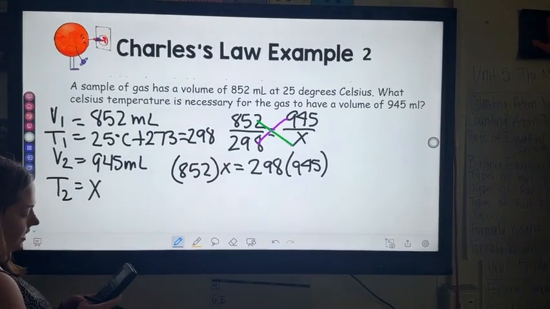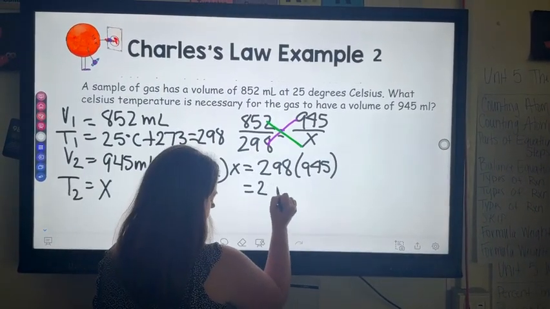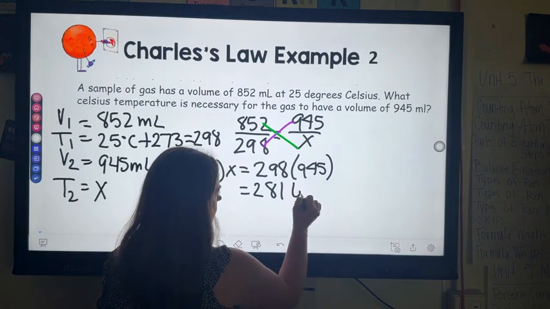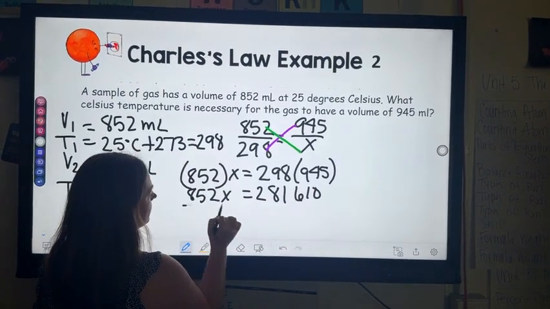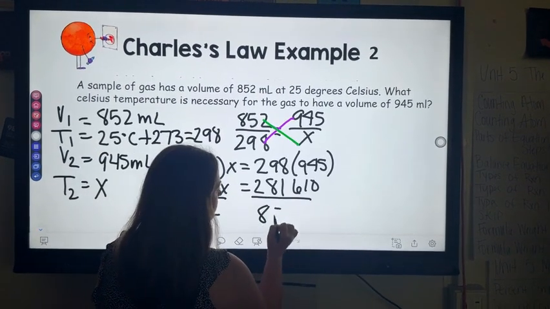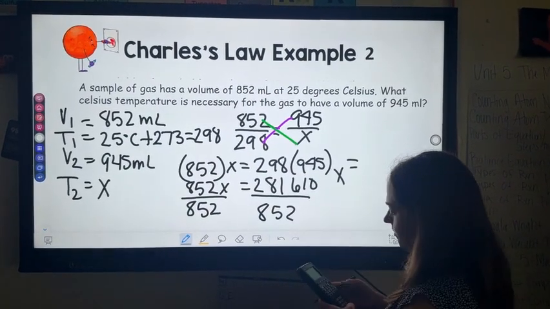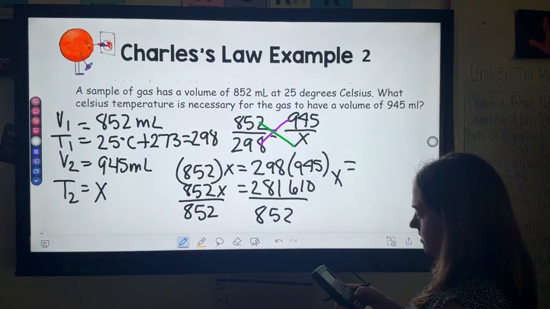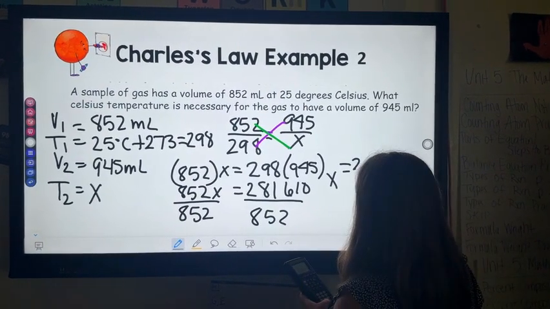So we have 298 times 945, and we get 281,610 is equal to 852x. We're going to divide each side by 852. So then our final answer will be x equals 330.